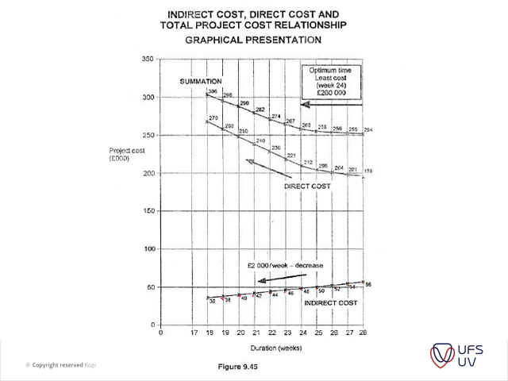Okay, very straightforward. And then the increase of items, our direct costs, is as per the previous table. You just plot it. So the initial one is 196, reducing it by 1 week, we get to 201,000, 204,000, 206, and so forth.